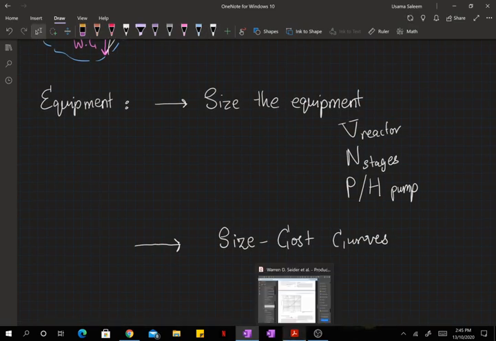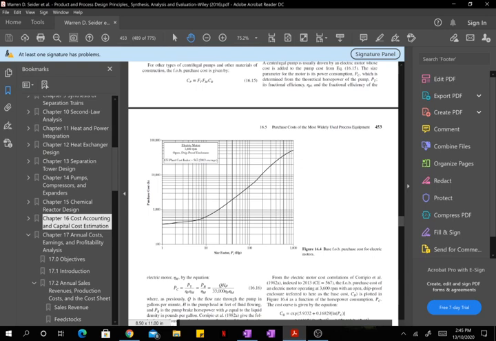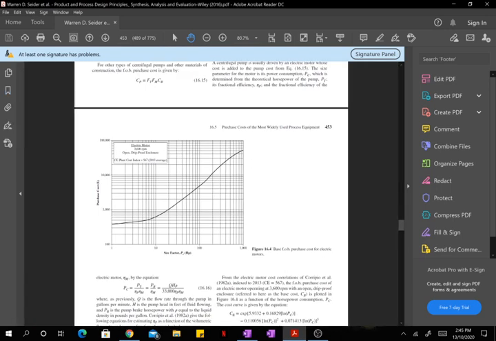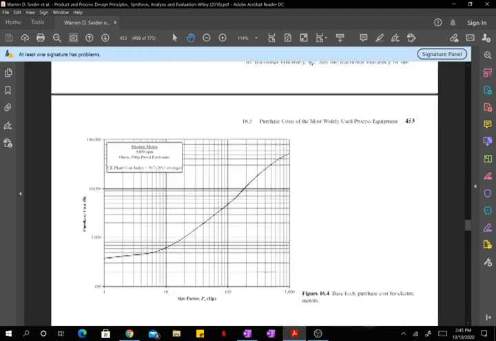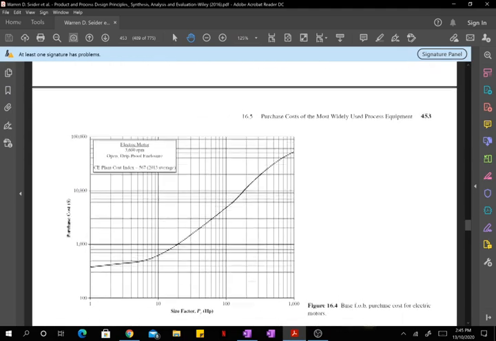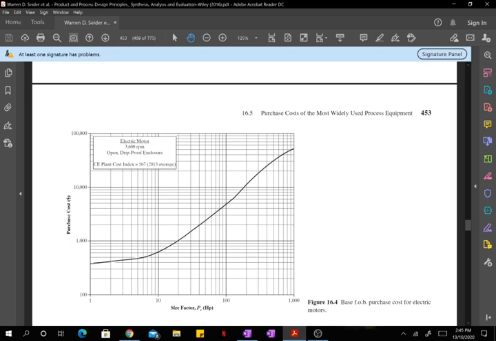And if you look at the Seider textbook, here on page number 453, I have an example. So here they're talking about the purchase cost of an electric motor. As you can see, the size factor is the horsepower required for that motor, and this is based on a lot of data collected over the cost of motors at different powers.